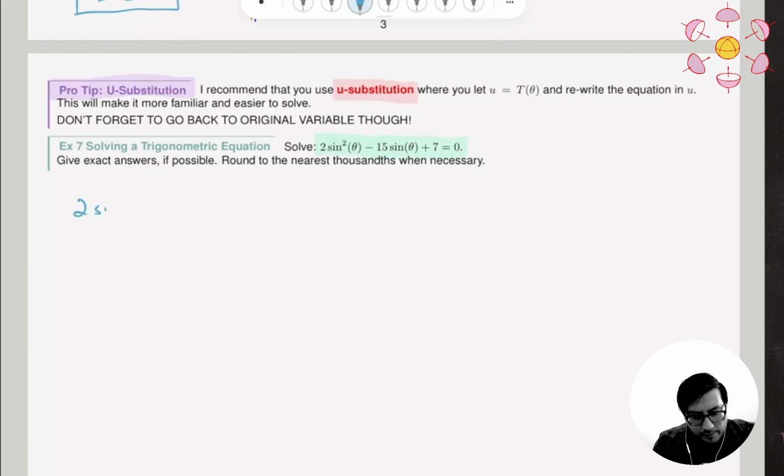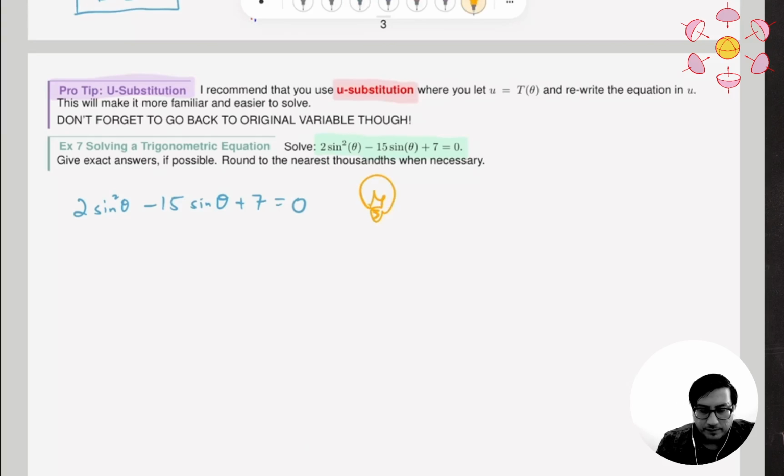So first, let's just write the problem. 2 sine squared theta minus 15 sine theta plus 7 equals 0. Really complicated. Way more complicated than what we've been doing. So here's the big idea.